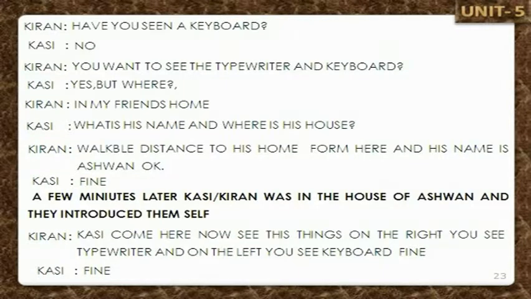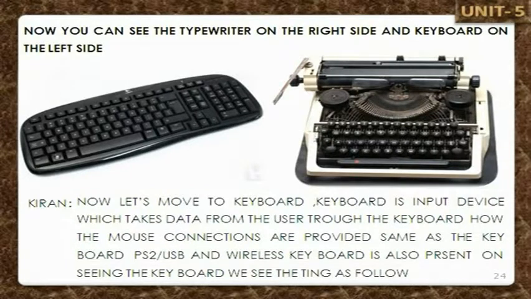The next slide. The next slide. On the right side you can see your typewriter.